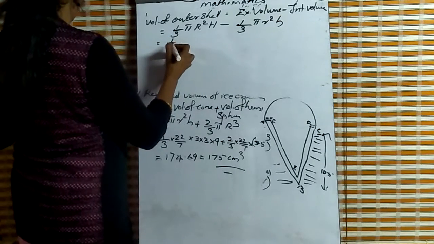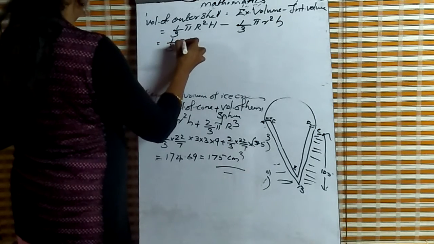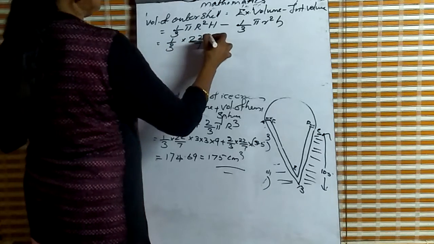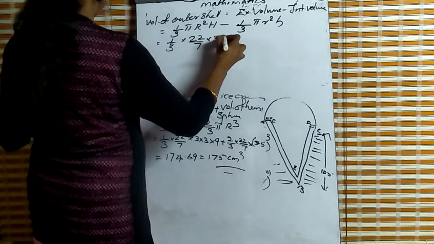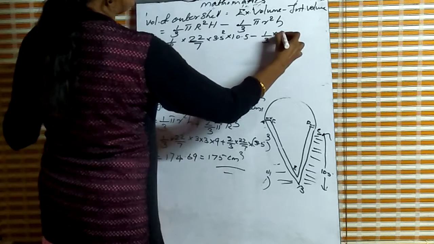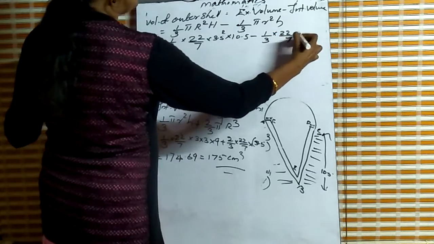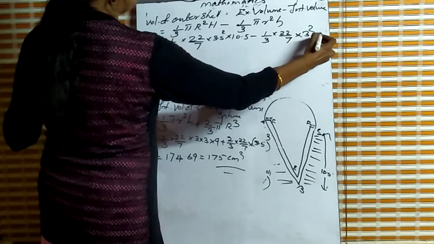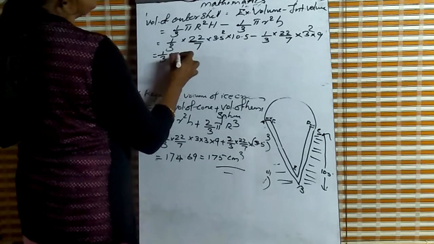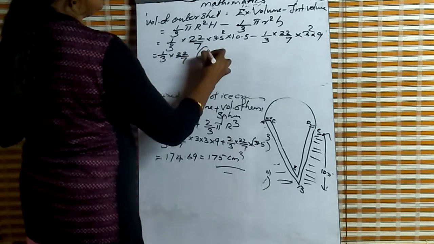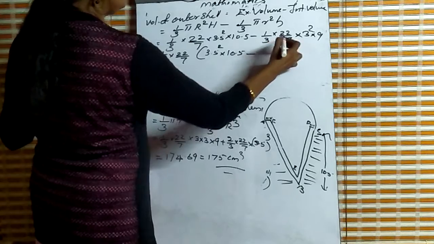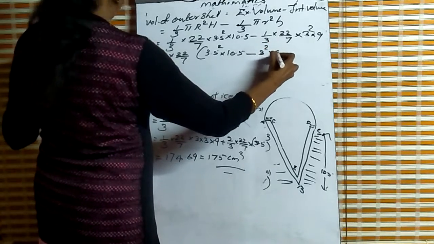Equals 1 by 3 into 22 by 7 into 3.5 square into 10.5 minus 3 square into 9.